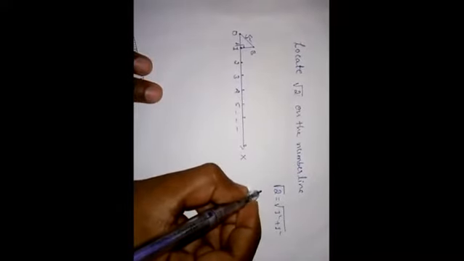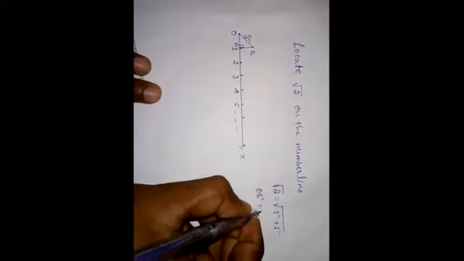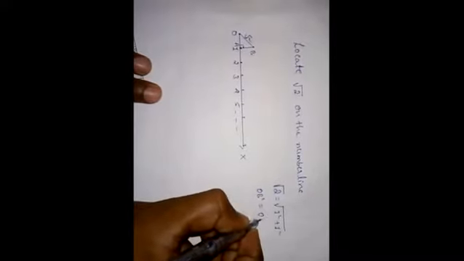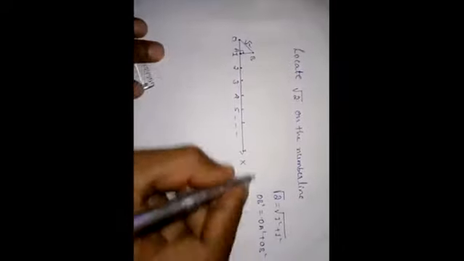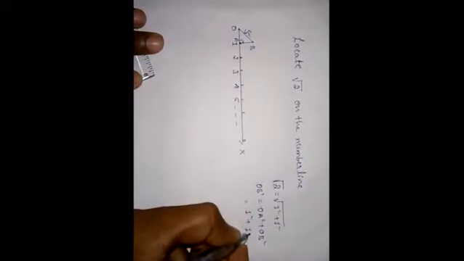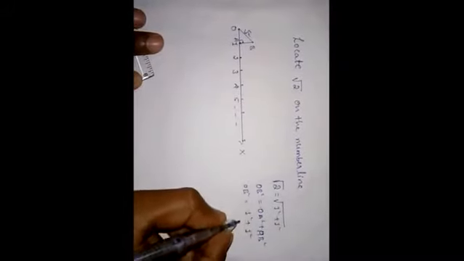The Pythagoras theorem states that OB square is equal to OA square plus AB square. OA is 1 unit, so 1 square plus AB square is also 1 square. So OB square is equal to 1 square plus 1 square.